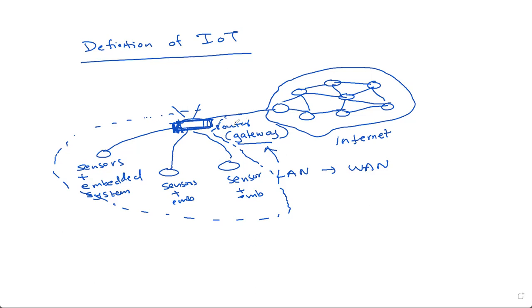After you connect the local area to the internet, now we are able to access the resources in the internet. Whatever data is collected by the devices can now be transported through our gateway into the internet and to any location that has a connection to the internet.